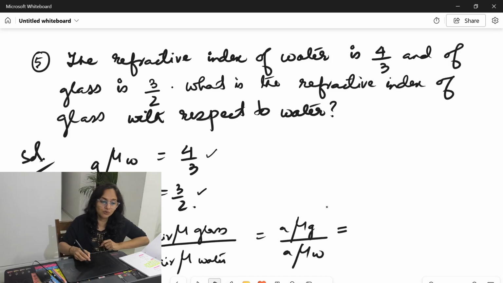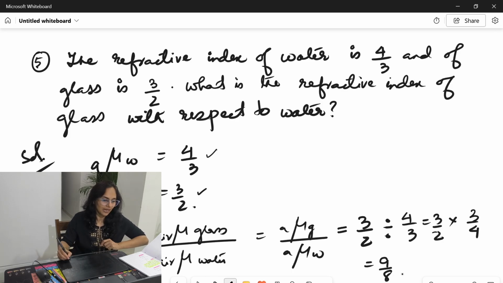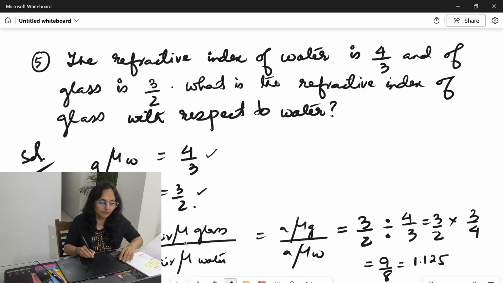So let's put the value 3 upon 2 divided by 4 upon 3, which means 3 upon 2 into 3 upon 4, which will come as 9 upon 8, and 9 upon 8, if you calculate, you will get 1.125, and that's the refractive index of glass with respect to water. So this is our answer.